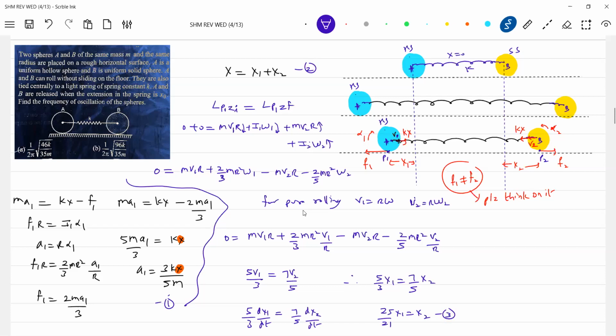Let me put 3 into it. x1 equal to 21 by 46. This x1 I'll replace here now.